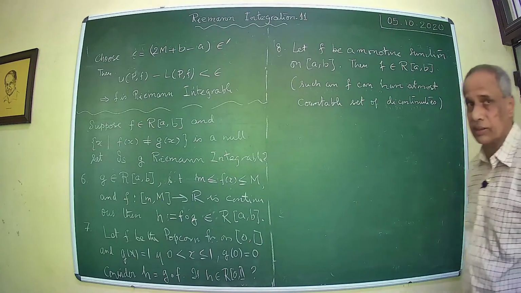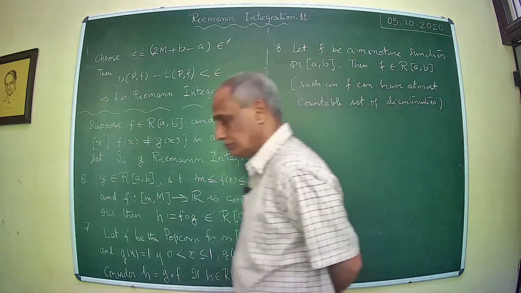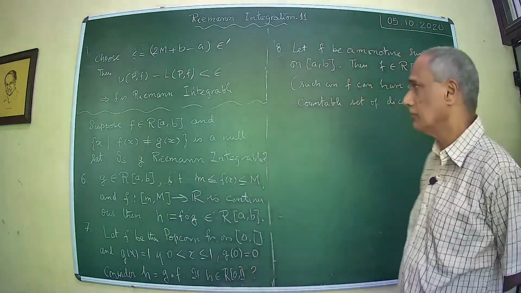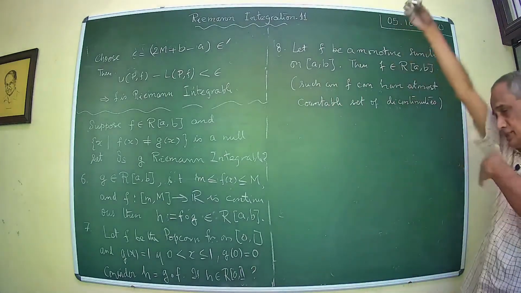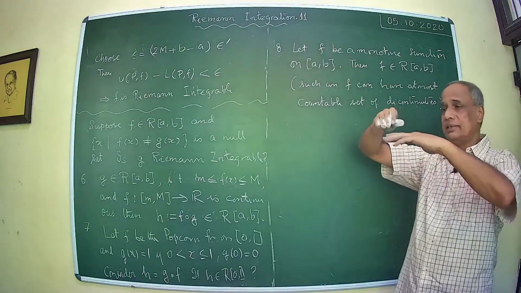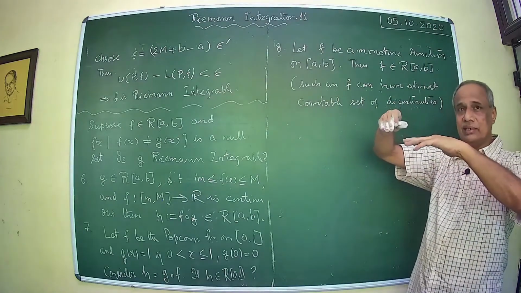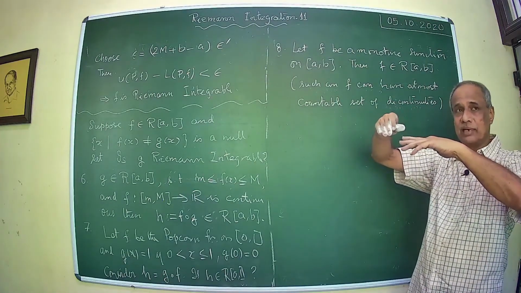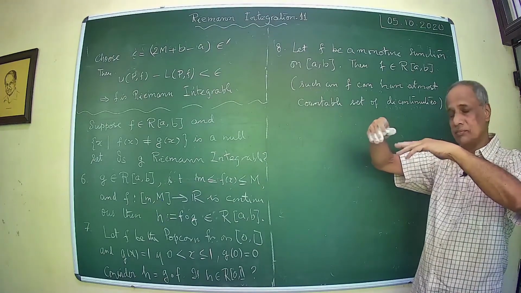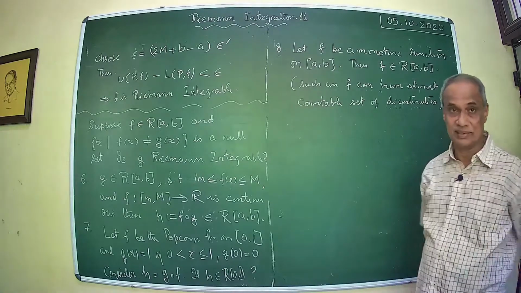That's something that comes like this because you assume, without loss of generality, a monotonically increasing function. And at each discontinuity, you can actually show that this is a simple discontinuity.